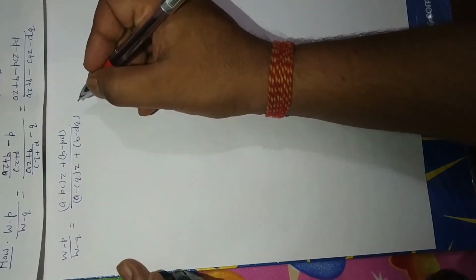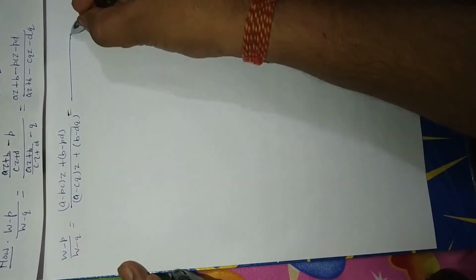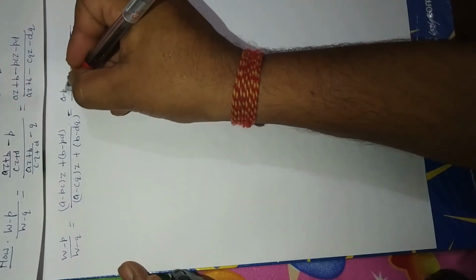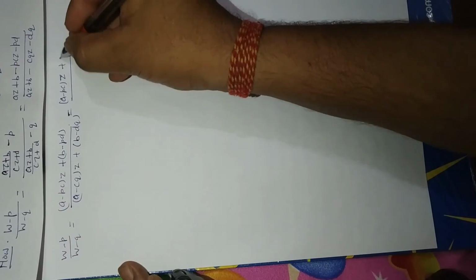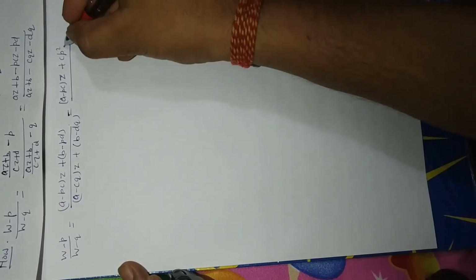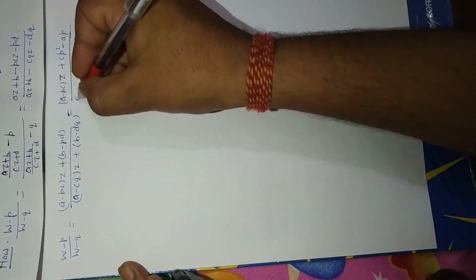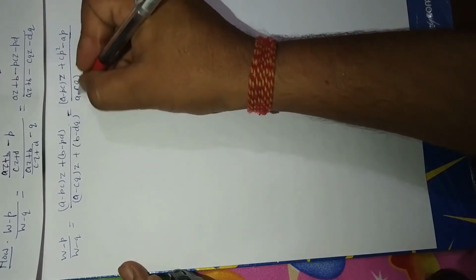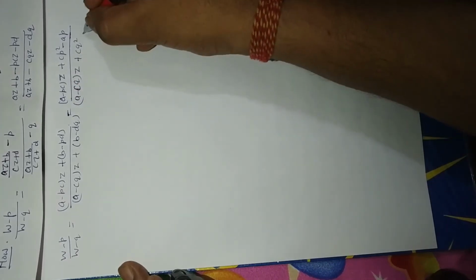Now putting the values of B minus PD and B minus DQ here, then we get (A minus PC)Z plus CP square minus AP, upon (A minus CQ)Z plus CQ square minus AQ.